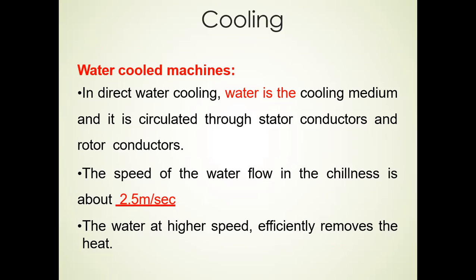The stator conductors are hollow, and hydrogen gas from a separate circuit is circulated through the stator conductors. The pressure of the gas is about 1.5 kg per meter squared and the flow rate is also high. Hydrogen blowers are required to circulate the hydrogen gas through the direct cooled machine. So the water at higher speed efficiently removes the heat.